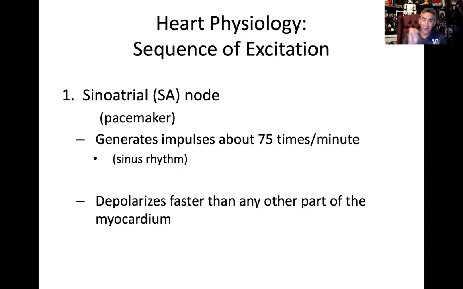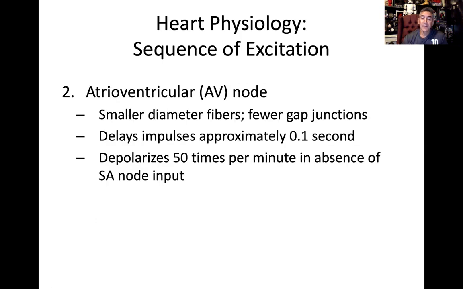So this SA node fires, depolarizes faster than any other part of the conduction system or the myocardium, so it will take charge of the heartbeat. If for whatever reason the SA node is damaged, it's not functioning, we have a second autorhythmic cluster that we call the atrioventricular node, the AV node.